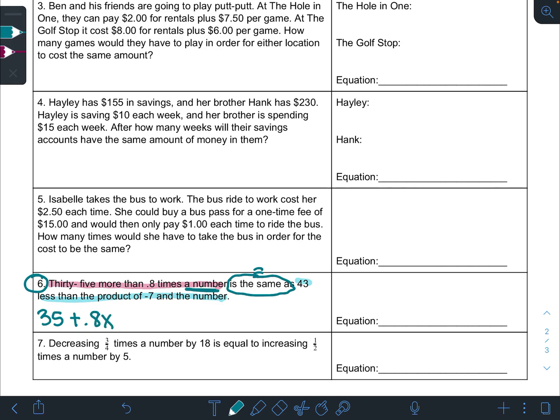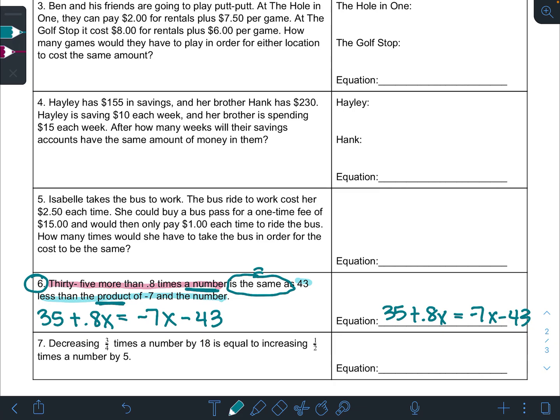I don't know what that number is, so that is my variable. Product means multiplication. So the product of -7 and the number, my unknown, and that is 43 less than that. So I've got to take away the 43. So your equation would be 35 plus 0.8x is equal to -7x minus 43.